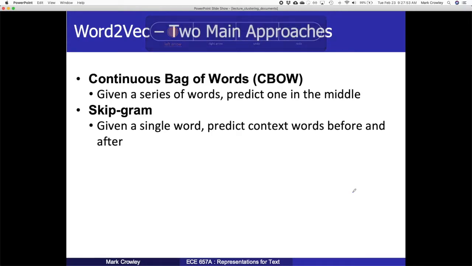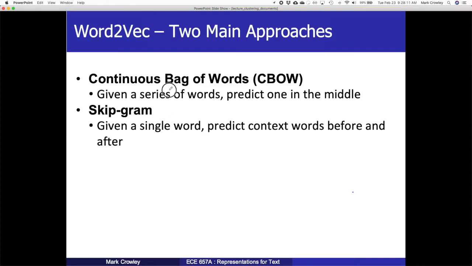So we have two basic architectures here, and it's not really a neural network, but it has all the components of a neural network, and it does a very simple version of one to get just what you'd need for coming up with an encoding for text.